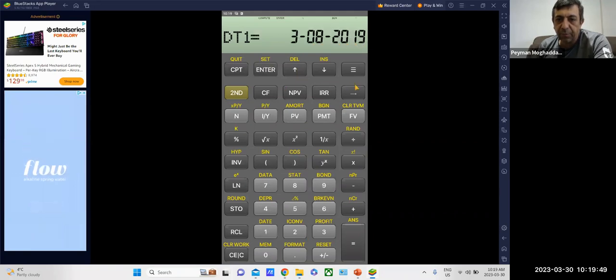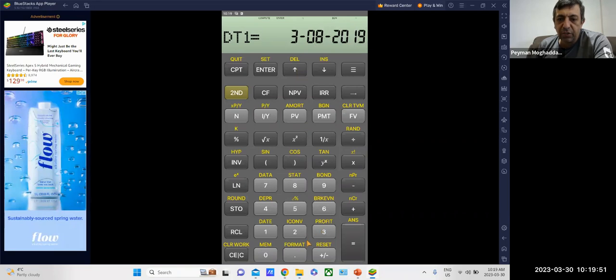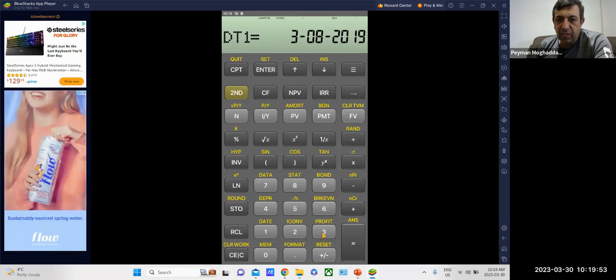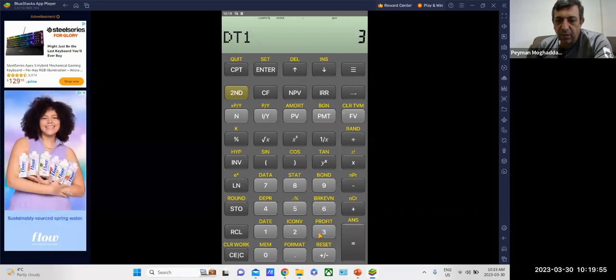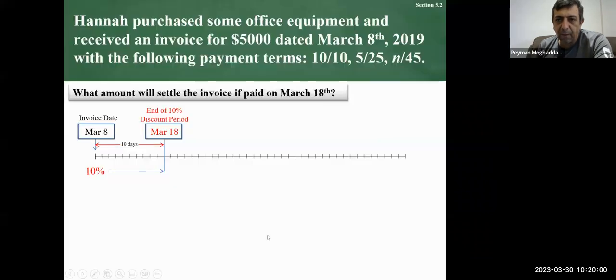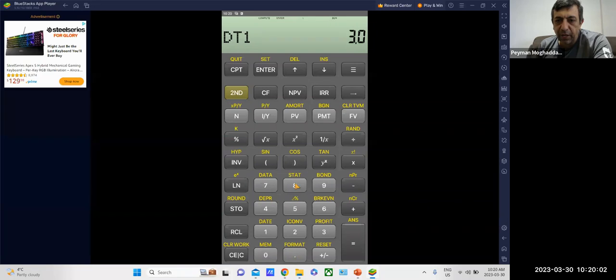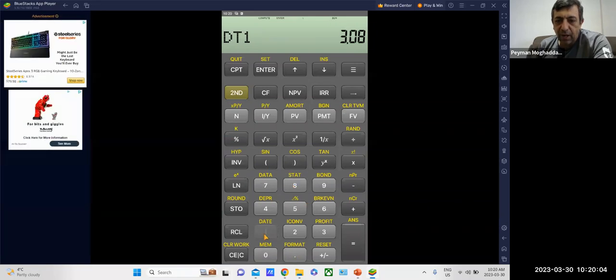Enter. You know how to do it, right? The first is the month, then a dot. You have to put the dot there, guys. Then 08 for the date, and 19. Enter. So that's March 8, 2019.